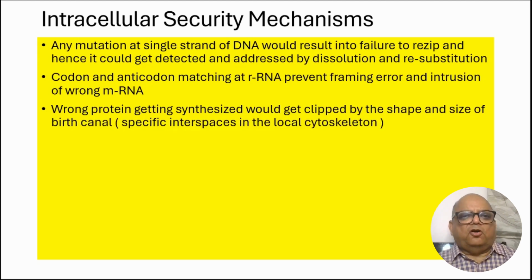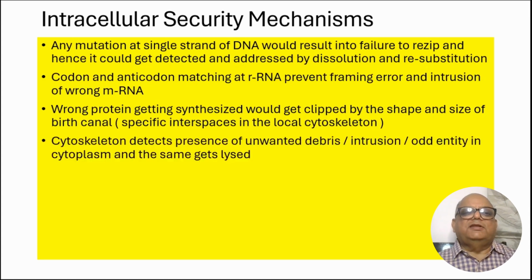Third mechanism is about a wrong protein getting synthesized. Even if a wrong protein is somehow synthesized at rRNA, it would simply get clipped by the shape and size of the birth canal that is available. That is the interspaces of the cytoskeleton which are available there. So specific interfaces in the local cytoskeleton will kill something that is not conforming to the shape and size that is permitted.